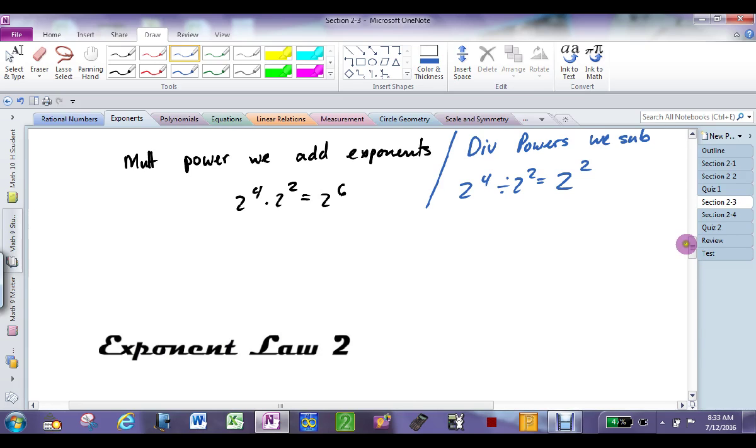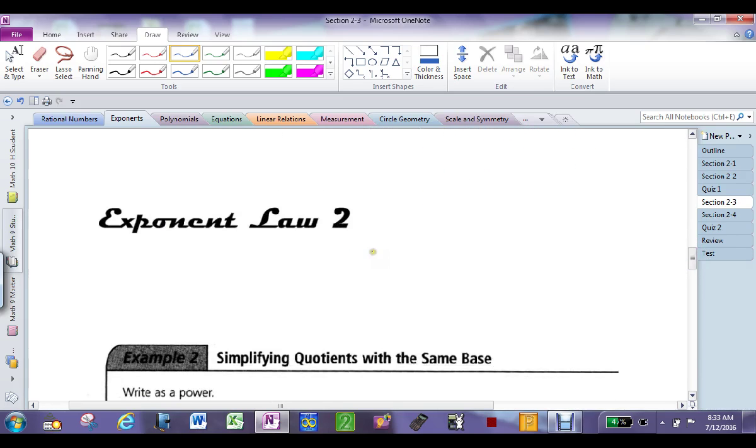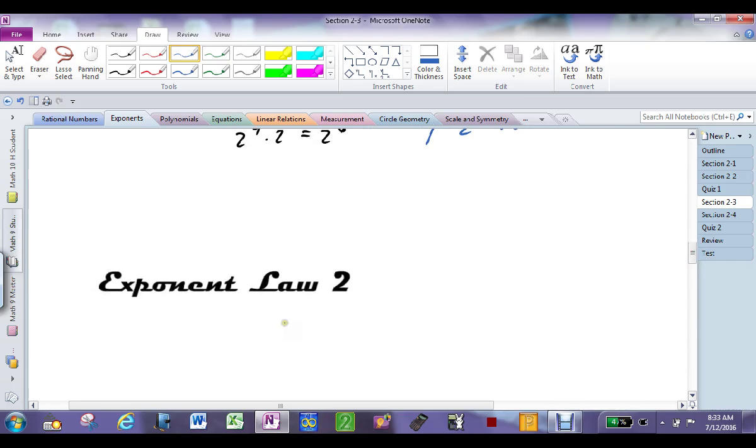So, down here where it says Exponent Law 2, that's where we're going to write what it is. But in this blank space, I'm going to tell you what it means. This is more important than multiply, add, divide, subtract. What I'm about to do is what you really need to know.